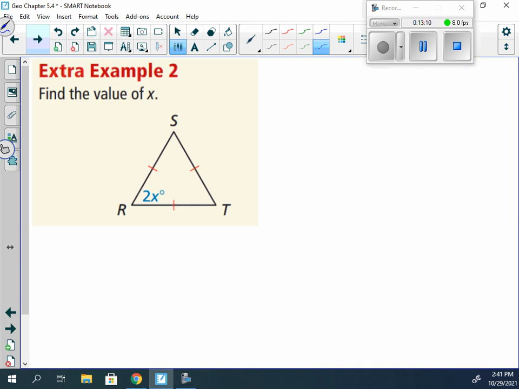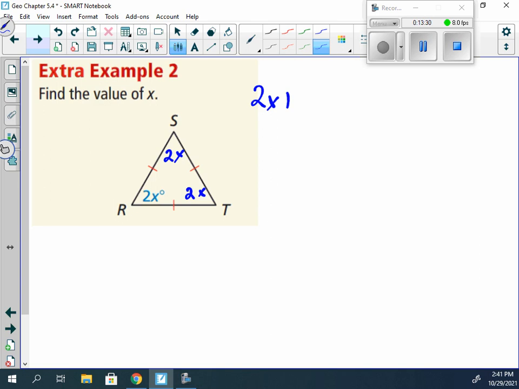Find the value of x. Now there's two different ways we can go about this. Since it is equilateral, it means all the angles are going to be the same because it's also equiangular. So we could call all of these 2x.